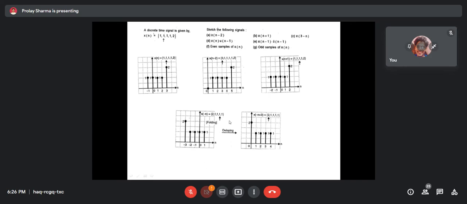Now x(3 minus n) can be written as x(minus n plus 3). Plus 3 means advancement, not delay.